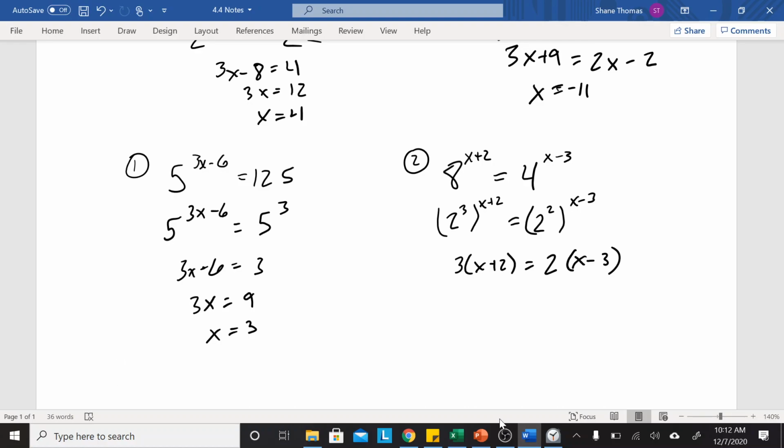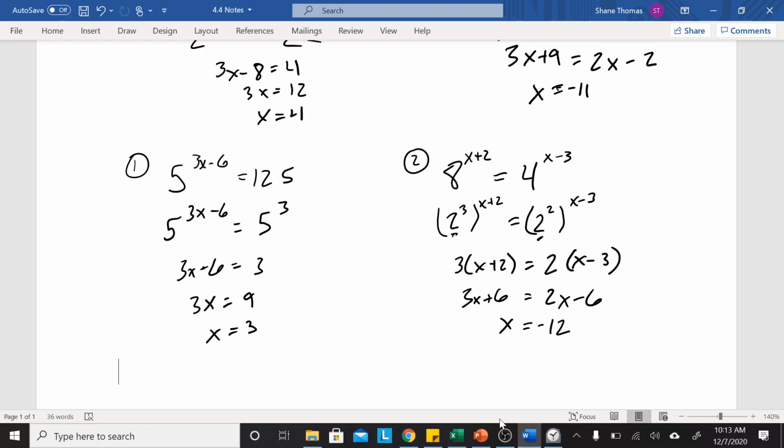We would have the same base whenever we bring that power to the outside. All right, so distribute it. You get what on the left side? Right side? Good. Okay, so I subtract the x over, and then subtract the 6 over, so x equals negative 12. Good. How many of you got that one? Good? All right. I like it.